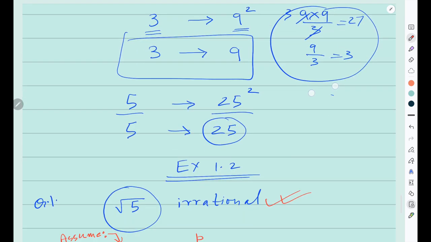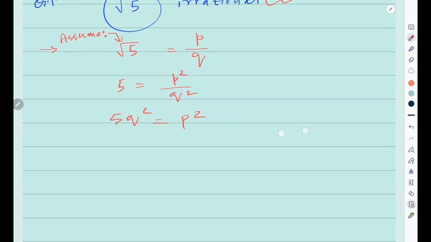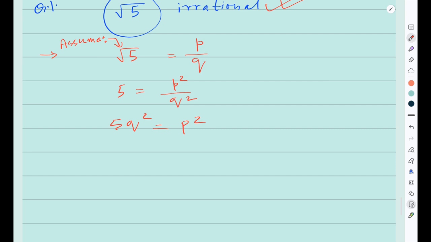So we will take that fact. Here we see that 5 divides p square. Because it's equal, and 5 is a factor on this side, there must be a factor 5 on the other side also. So let us assume that p is 5 times some number, maybe t.